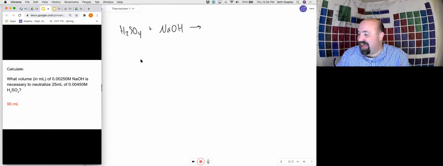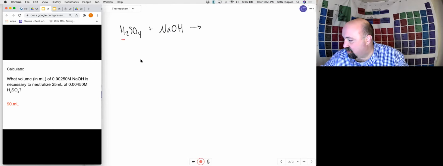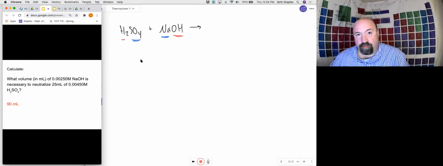And so remember that any acid-base reaction is going to form the ionic salt and water. And so just like we've seen in other reactions, it's essentially just a double displacement. Our H is going to come together with our OH. That forms our water. Our Na comes together with our SO4. That forms our ionic salt.